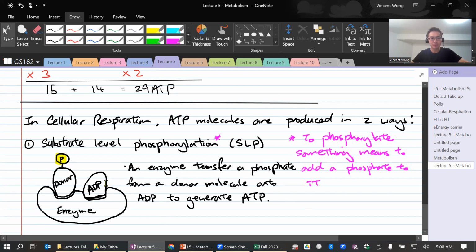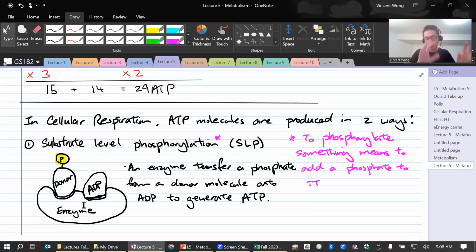In this case, the enzyme is phosphorylating the ADP. It's putting a P onto ADP to make the ATP. I'll give you a moment to copy and ask questions if you have any.